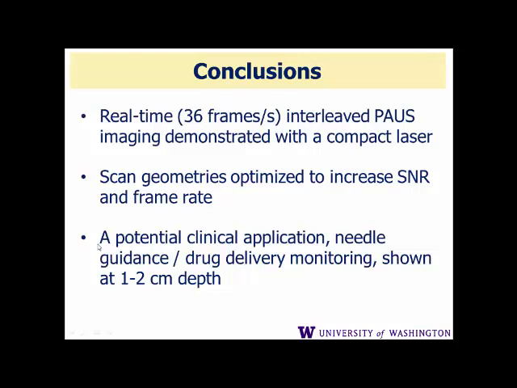The scan geometries here have been optimized for 10 megahertz ultrasound operation to a depth of about 2 centimeters for peripheral applications, and we're looking at a potential clinical application, which is needle guidance, which again the ultrasound can do pretty well by itself, but it's the drug delivery monitoring using molecular agents targeted to this application and over depths ranging from about 1 to 2 centimeters, so primarily peripheral.